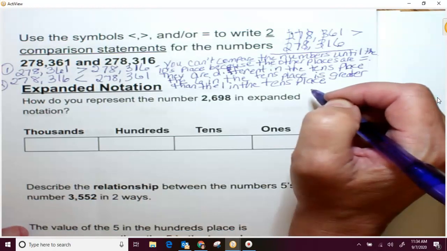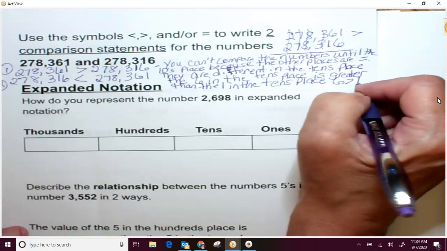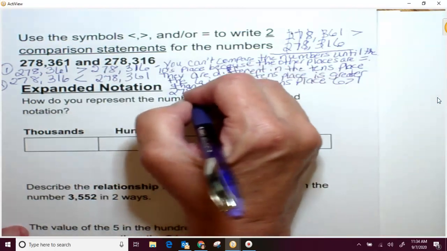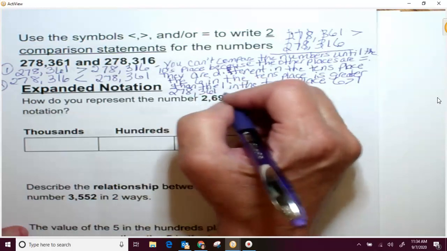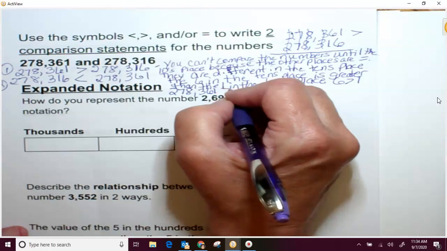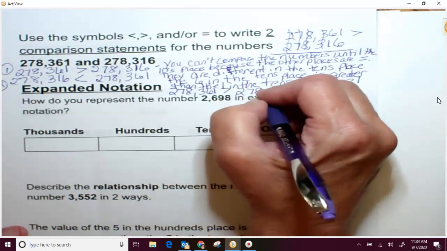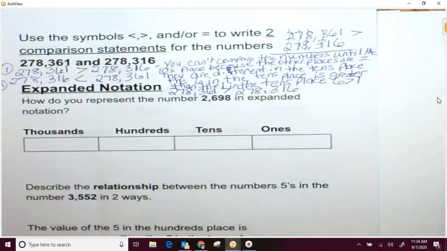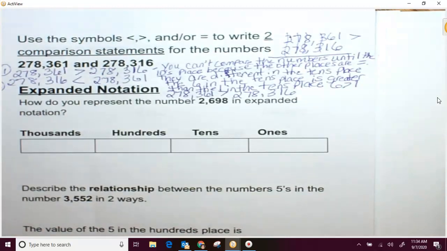And so 6 is greater than 1. Therefore, 278,361 is greater than 278,316. Okay, now you're going to see that written better, and you're going to see it for both when you look at my answers.